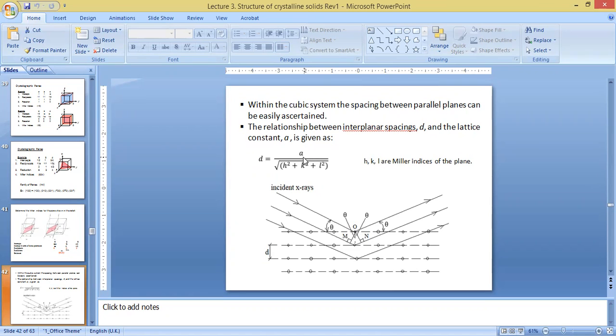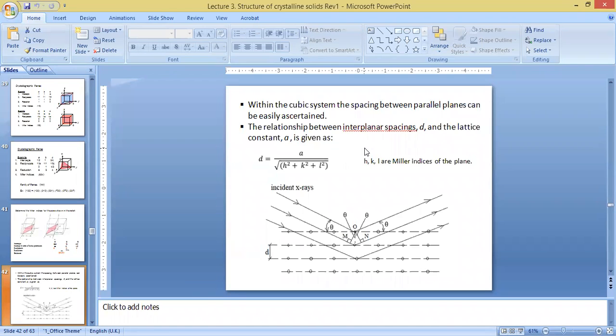If a is not given, sometimes you'll be given r, the radius of the atoms. So we already know a is the distance of the lattice itself, the lattice cube of the unit cell.